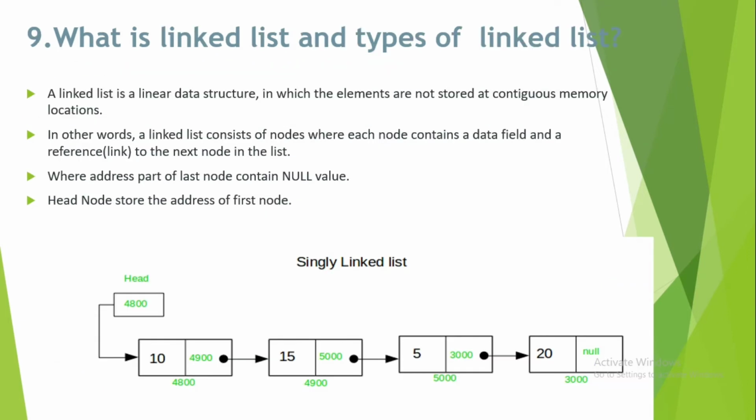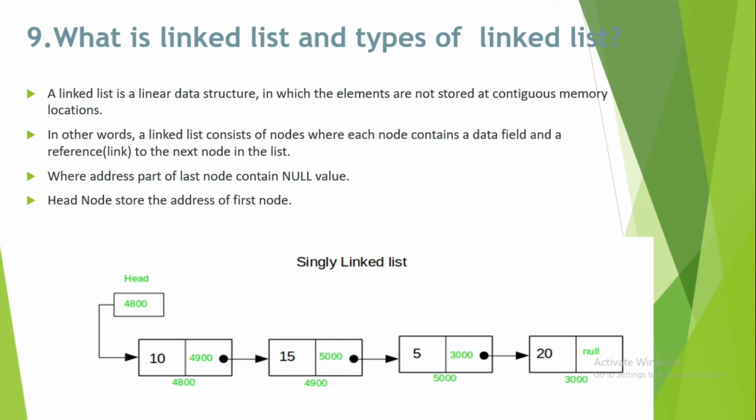So ninth question is, what is linked list and types of linked list? A linked list is a linear data structure in which elements are not stored in contiguous memory locations, unlike array. In array we use contiguous memory allocation. In other words, linked list is a collection of nodes where every node has two parts.